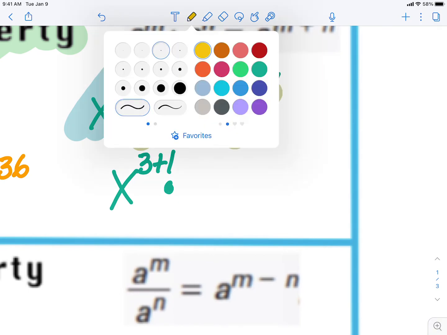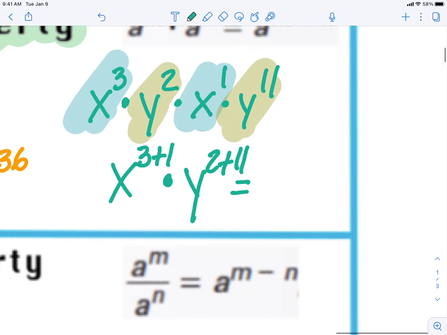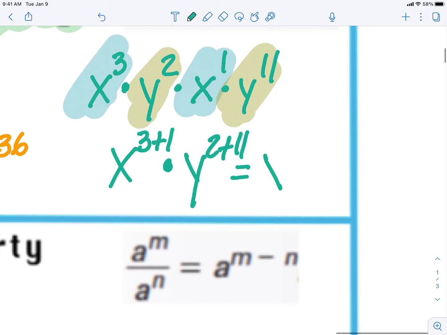So those y's are the same. So I'm going to say y, and then that means I can add 2 plus 11. So what is the final answer? What is this going to give me? It's going to give me x, 3 plus 1 is 4, times y, 2 plus 11 is 13. Y to the 13th.